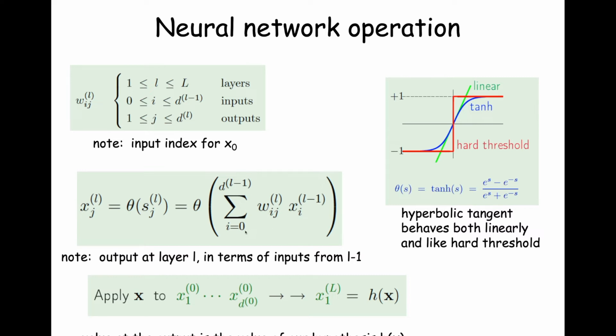And so we said we take our input and feed it forward to the next layer, the next layer, the next layer, until we get, for a single output node for layer L, that's going to be our hypothesis, h of x.